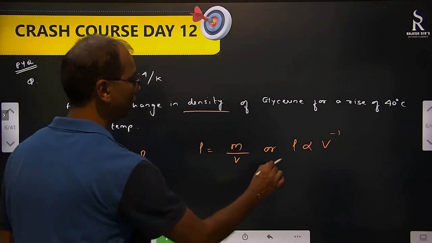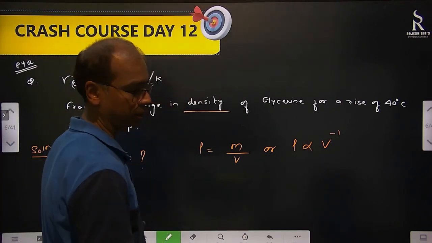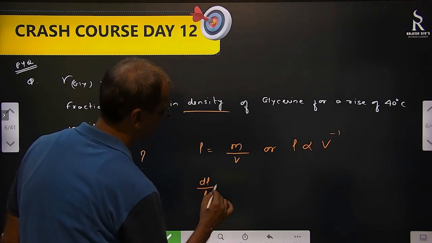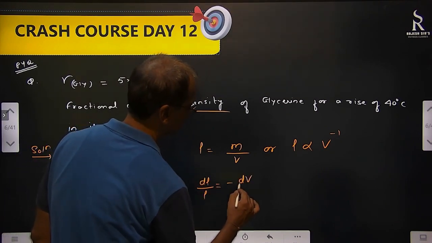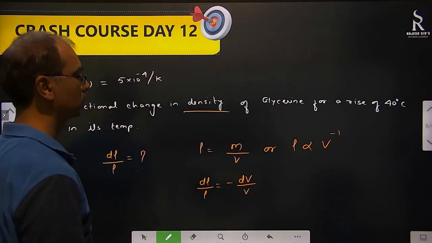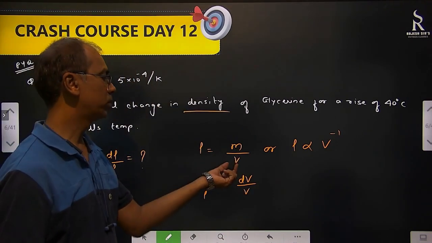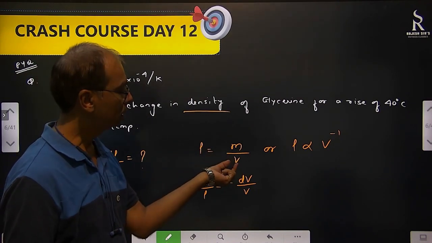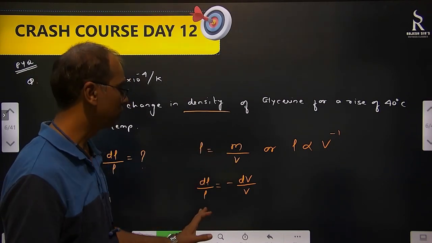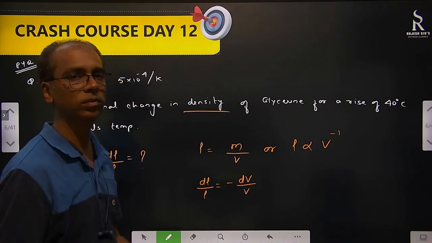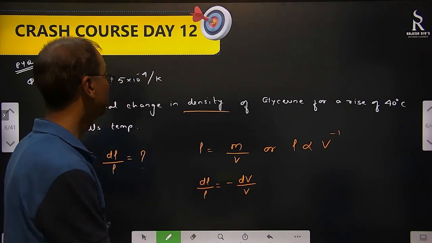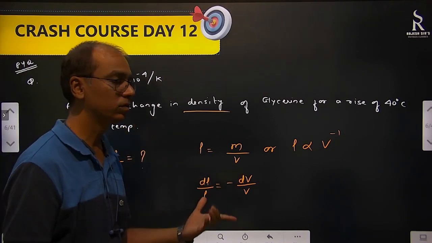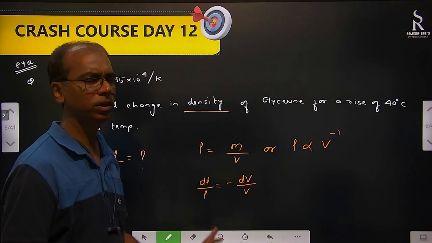So again, if I am going to use that error concept, then I know d rho by rho I'll write as minus dV by V, because density is inversely proportional to volume. When volume increases, density decreases, and when volume decreases, density increases. So same thing over here, d rho by rho equal to minus dV by V. That means if I have to find fractional change in density, then fractional change in volume also will do for me. Only thing is it is to be negative.